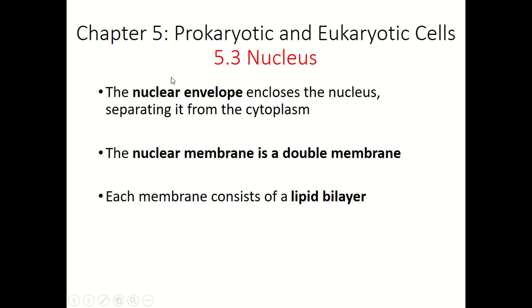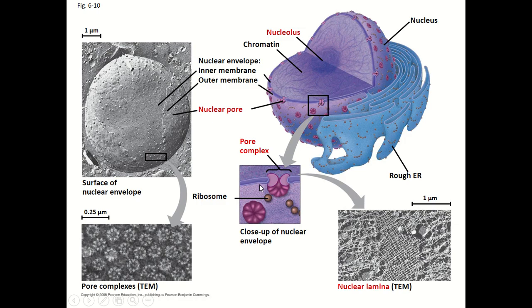The nuclear membrane is a double membrane which consists of an inner and also an outer membrane, and each membrane consists of a lipid bilayer. So this is how the surface of the nuclear envelope looks. As you can see here, the nuclear pore is very obvious.